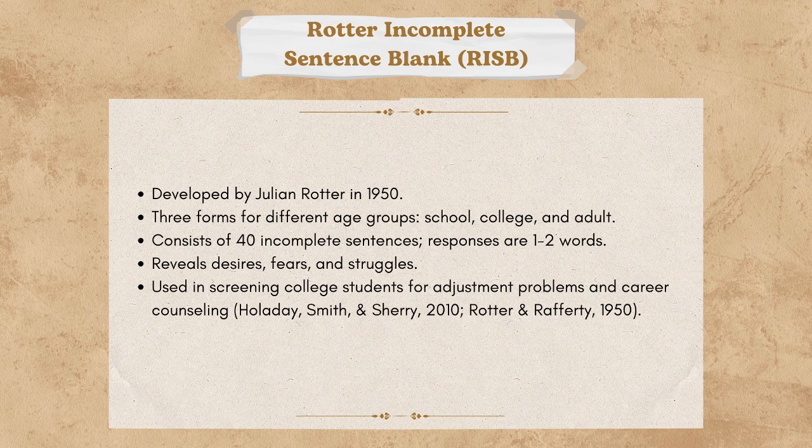The forms are the school form, the college form, and the adult form. The test includes 40 incomplete sentences that people are asked to complete as quickly as possible. The average time for completing the test is approximately 20 minutes, as responses are only 1 to 2 words in length.